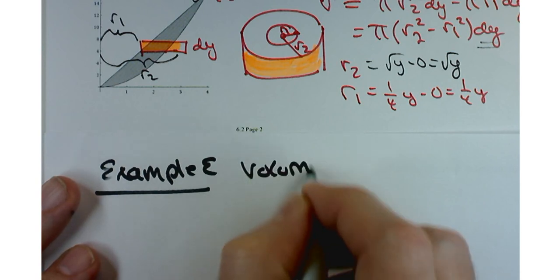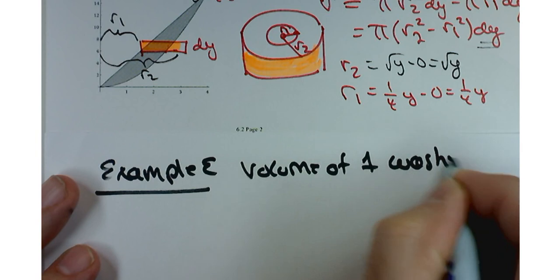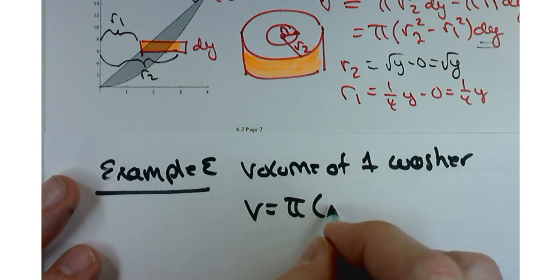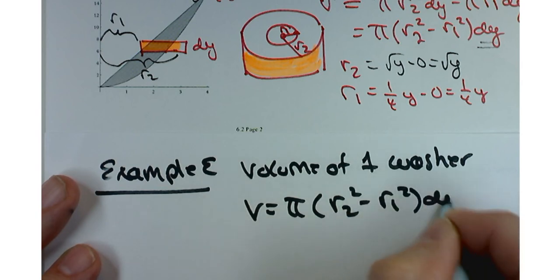Volume of one washer is going to be V equals pi times R2 squared minus R1 squared times dy.